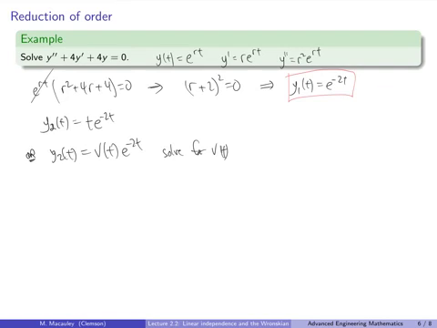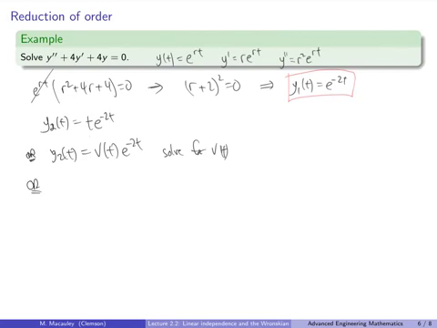So here, the first solution is 1 times e to the minus 2t. So maybe there's a solution that's a little bit more general, some polynomial times e to the minus 2t. And this will turn out to be any, not just t, but any at plus b will work. And so we just pick the easiest one and let it be t. So here is the third technique that we just learned, reduction of order.